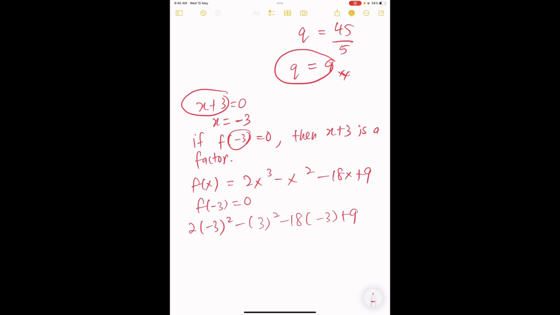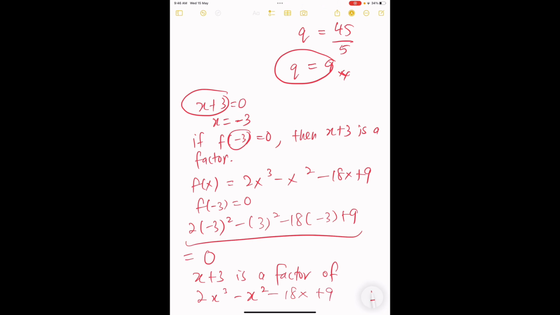If it is equal to 0, meaning it is a factor. When you count this in your calculator, it gives you 0. So x plus 3 is a factor of the equation 2x^3 minus x squared minus 18x plus 9.